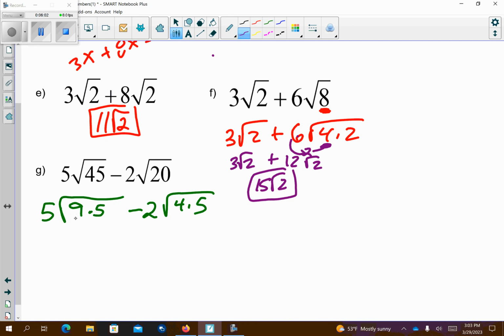Okay, so what's the square root of 9? That's 3, so 3 comes out, gets multiplied with that 5, so I get 15 out there, 15 root 5, minus, what's the square root of 4? Yeah, it's 2. Let's multiply those, so 2 times 2 is 4, and then the root 5 stays behind. Notice I'm subtracting. I have both on root 5, so 15 minus 4 is 11, and I get 11 square root of 5.